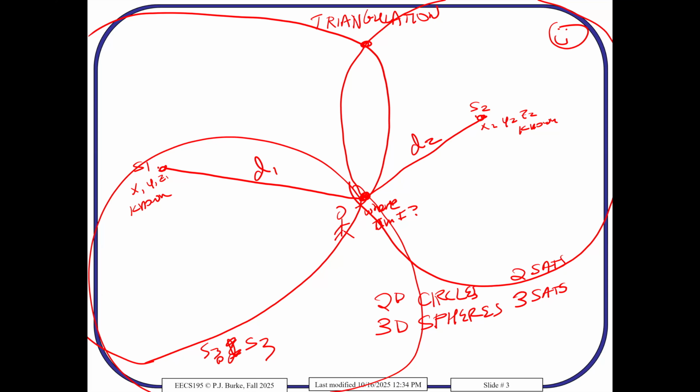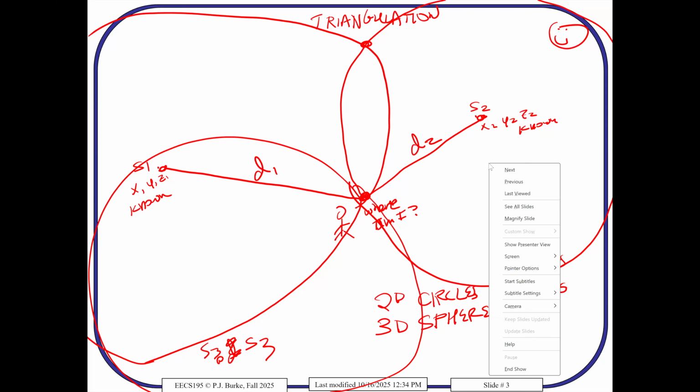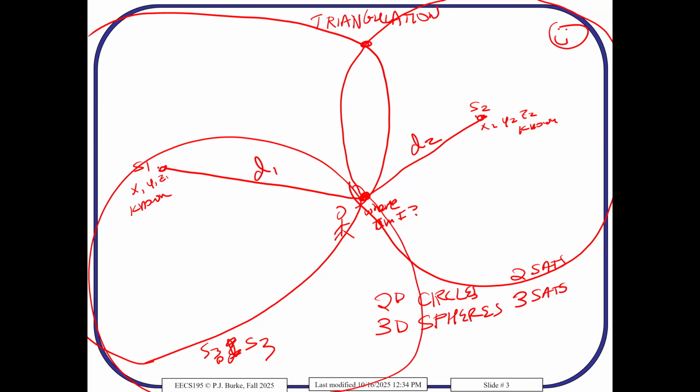Time difference. And how does that work? It takes time for the signal to move from the satellite to the observer. How much time does it take? Yes, this should be distance divided by the speed of light.